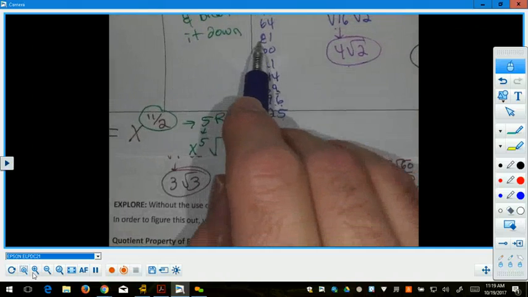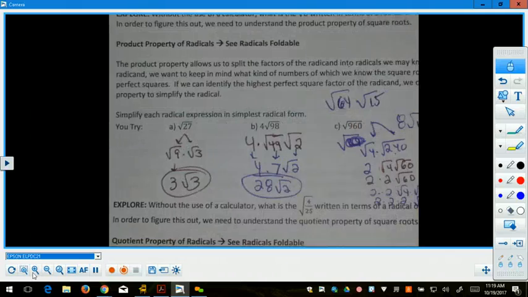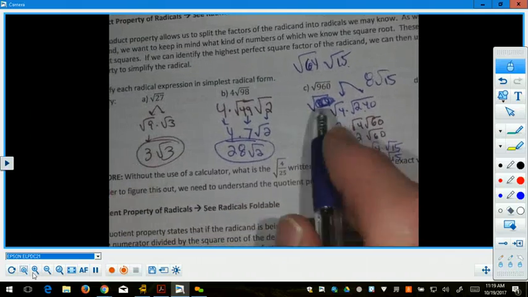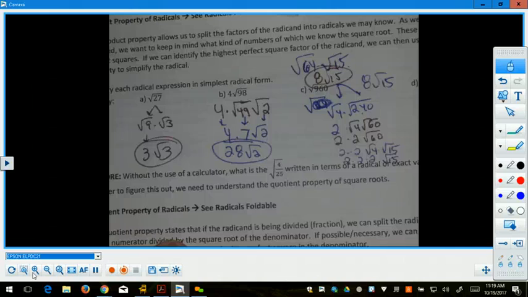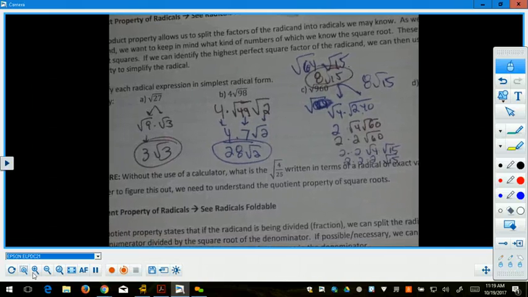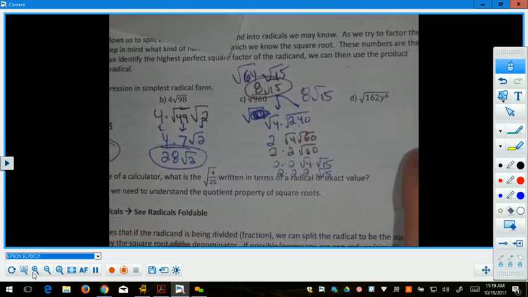None of these go in evenly till I get to 64, so that's my largest perfect square that goes in. What is the square root of 64? 8. I got my answer directly. Much less work if I take out the largest perfect square. If you're not going to do the largest perfect square, you might as well do prime factorization because it's going to take about as much work.